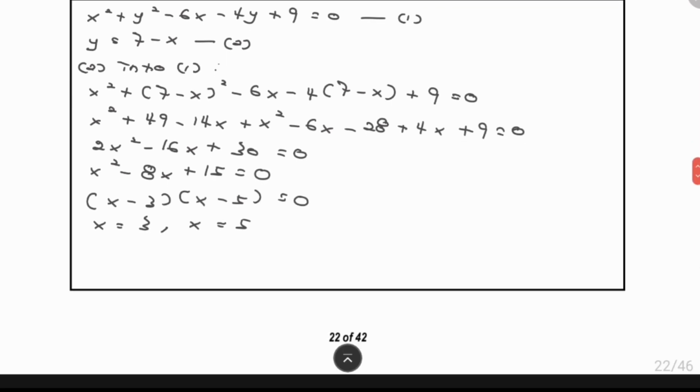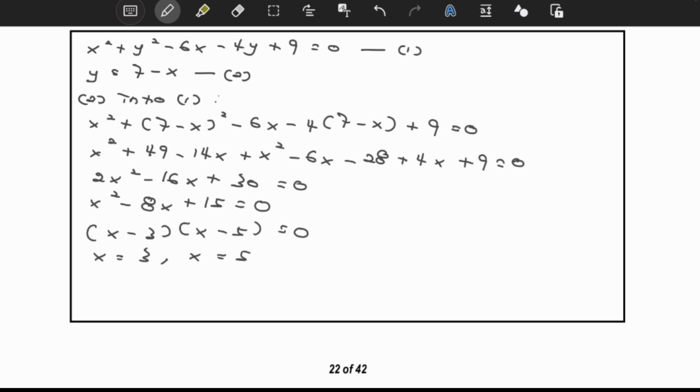Okay, so now I'm going to substitute these values into equation 2. So when x equals 3, y equals 7 minus 3, I get 4. The other one, when x equals 5, y equals 7 minus 5, so I get 2.